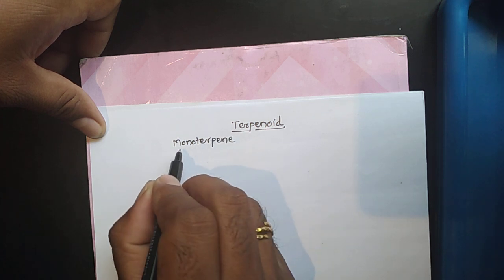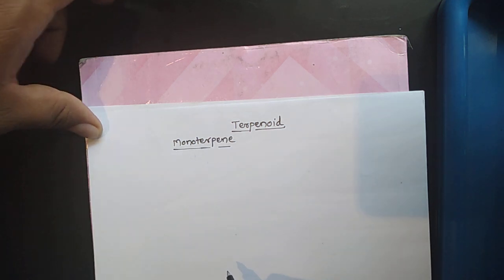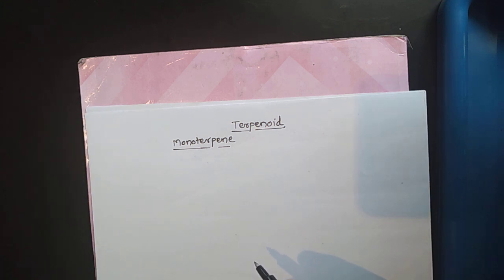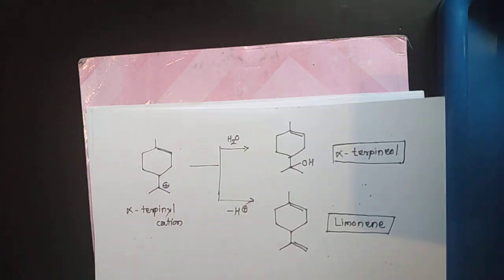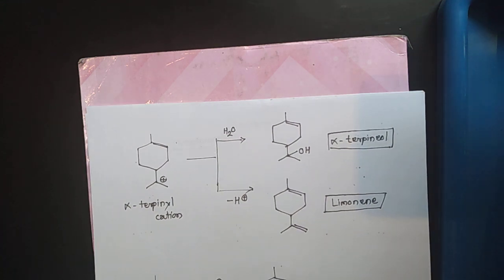In that monoterpene we have already learned how to prepare the citral, then geraniol, then alpha terpineol, limonene, alpha pinene. Hope you remember that. Otherwise I have it in the sheet of the last lecture, so we can revise it.